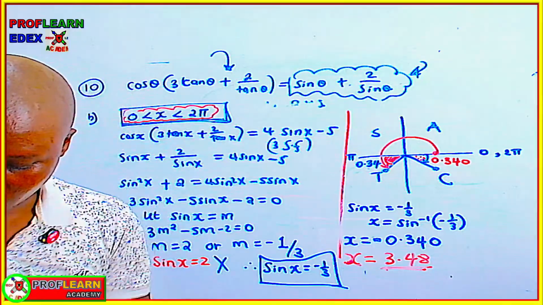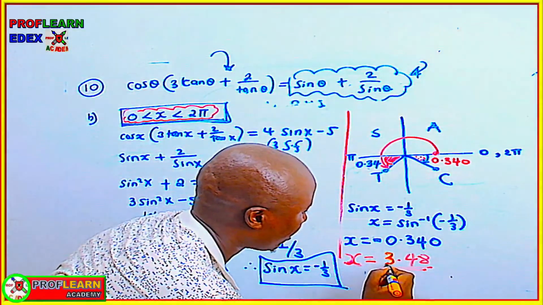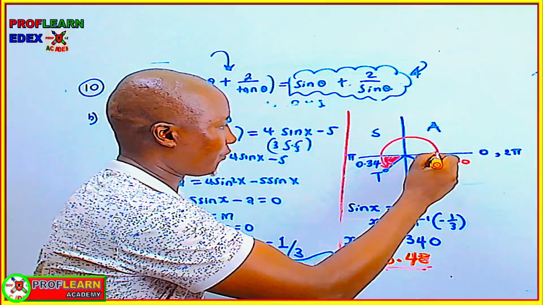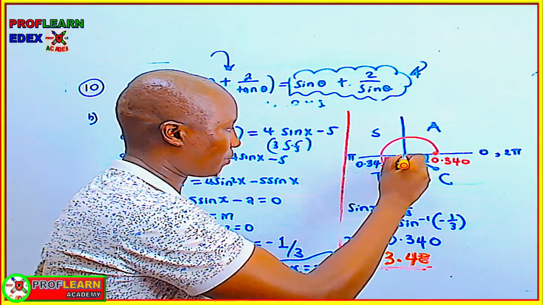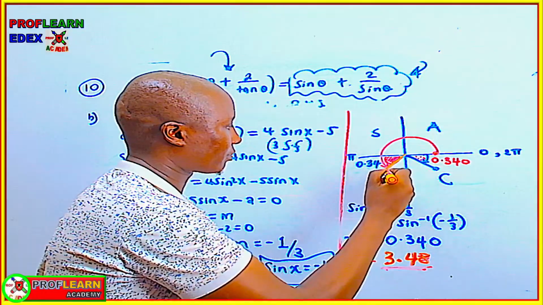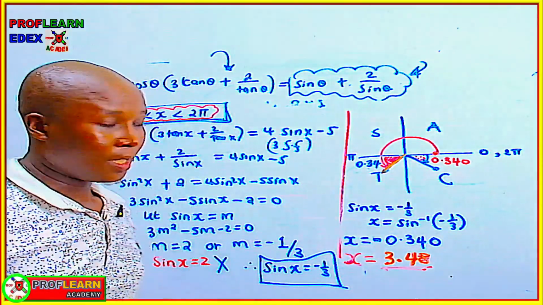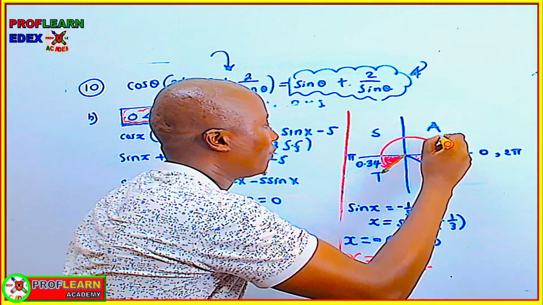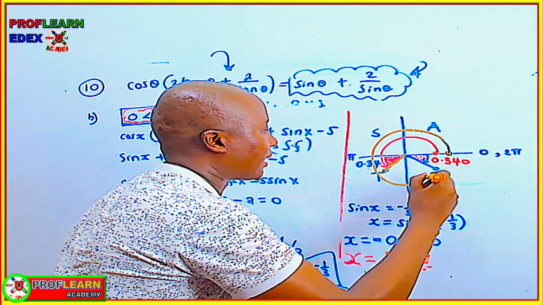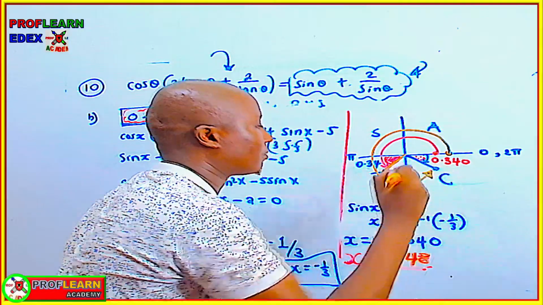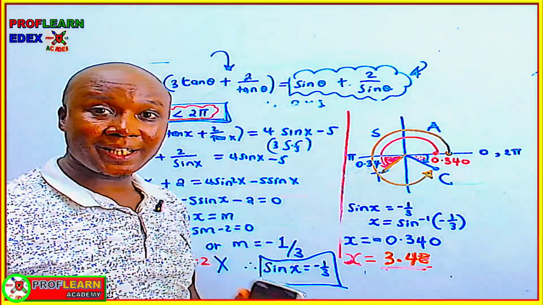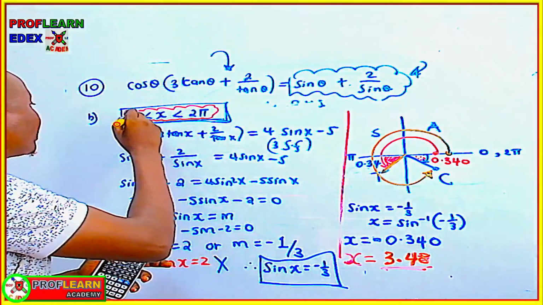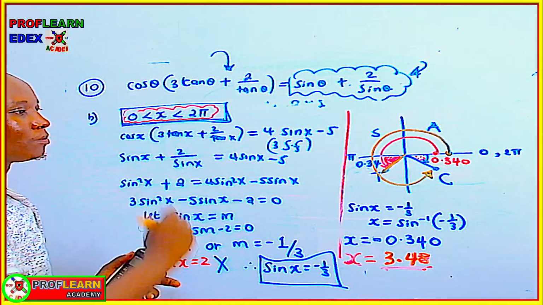So this angle here is 3.48. How did we get it? You start from here, you move all the way to this point. The second angle is you move from here anti-clockwise until you reach here, because we are finding positive angles, 0 to 2 pi.